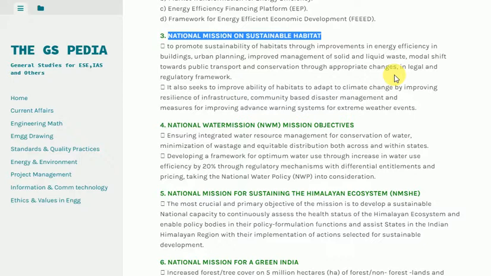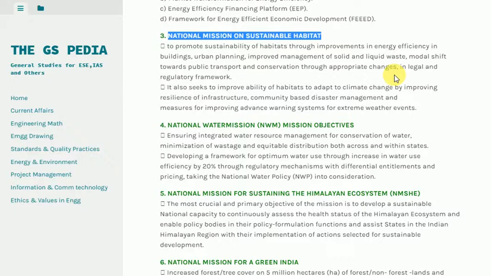It also seeks to improve ability of habitats to adapt to climate change by improving resilience of infrastructure, community-based disaster management and measures for improving advance warning systems for extreme weather events.